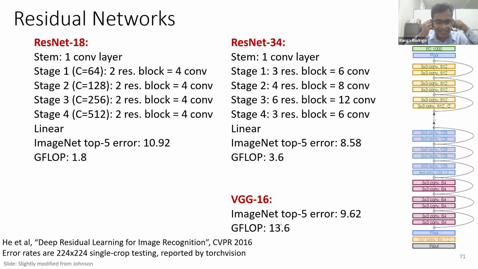Okay, so let's look at various versions of the ResNet. First of all, you have ResNet 18, for example. Stem layer, one convolution layer. Stage 1, two residual blocks, that means 4 convolutions. Stage 2, two residual blocks, that means 4 convolutions, and so on. Their so-called top 5 error was 10.92, with 1.8 gigaflops.